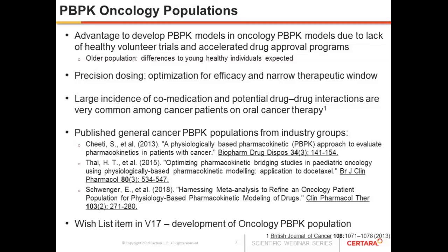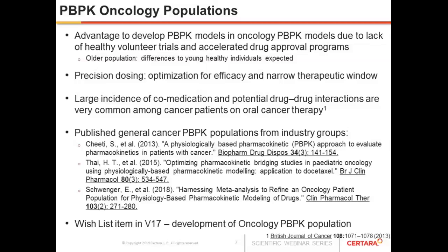And in that vein, this is partly why different groups have developed their own PBPK populations. The references I've provided below are from consortium members who initially built their own Simcyp PBPK oncology populations based on in-house data sets.